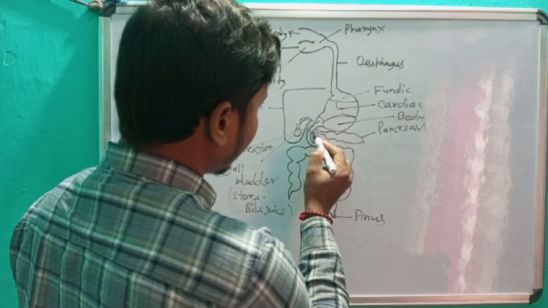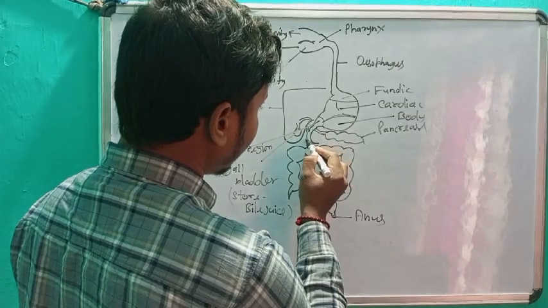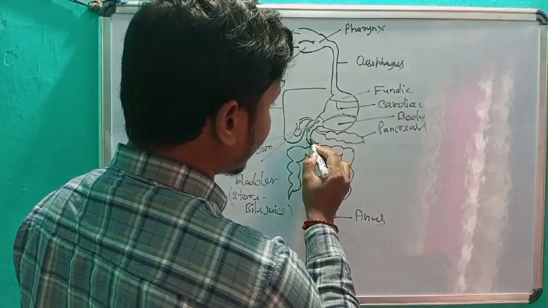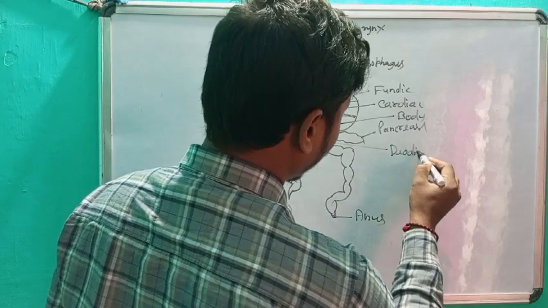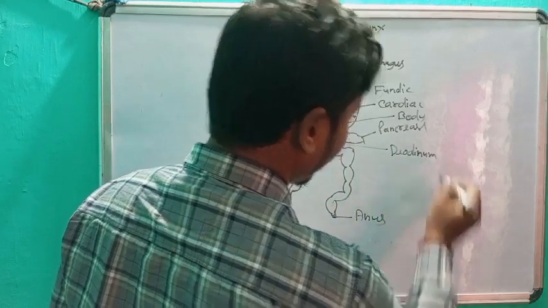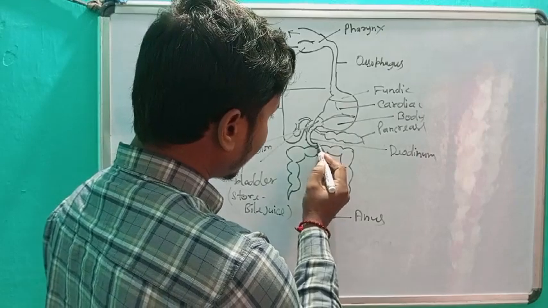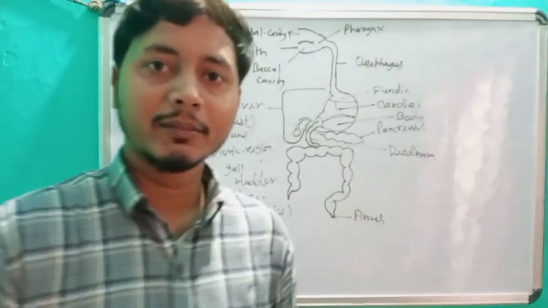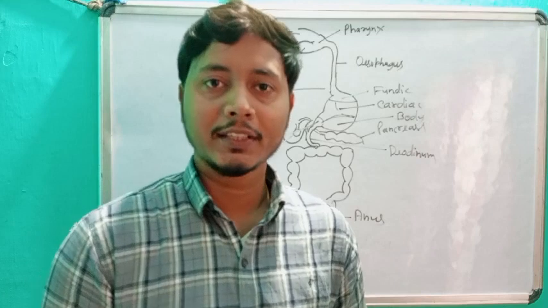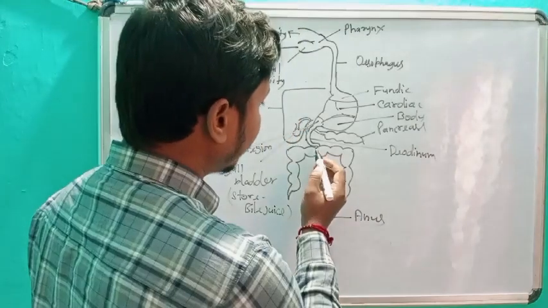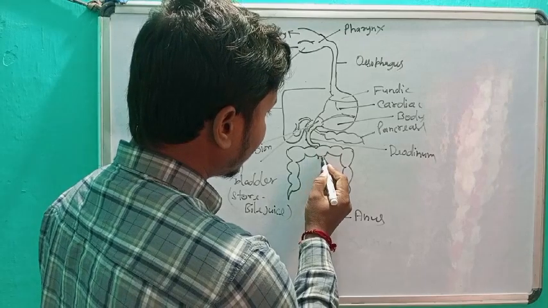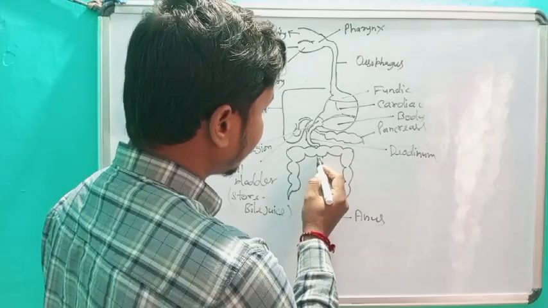The stomach opens into the small intestine, whose first part is known as the duodenum. The duodenum is the smallest portion of the small intestine. The duodenum is a non-coiled structure.